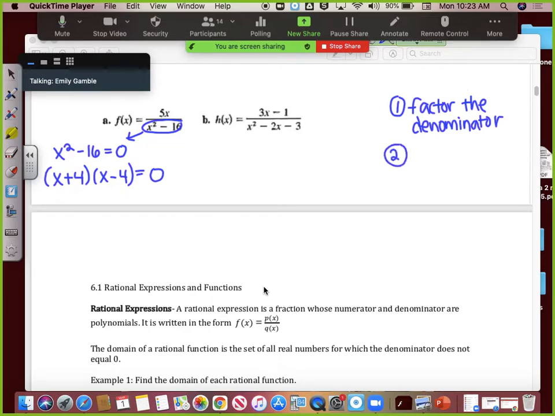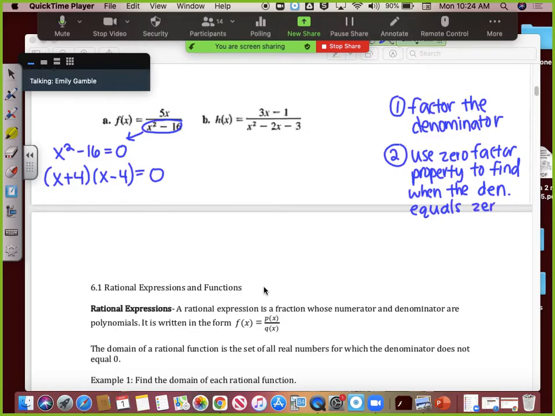So then you're basically using the zero factor property to find when the denominator, I'm going to abbreviate DEN, equals 0.